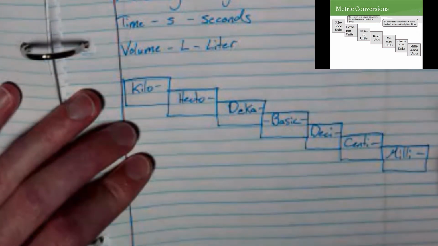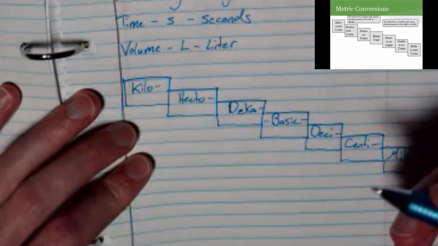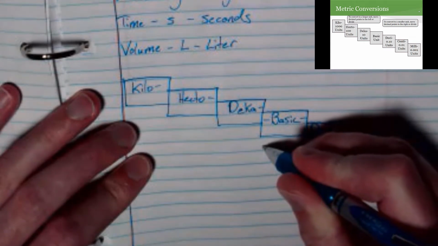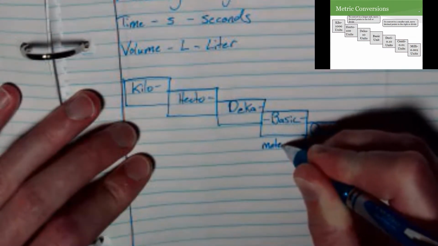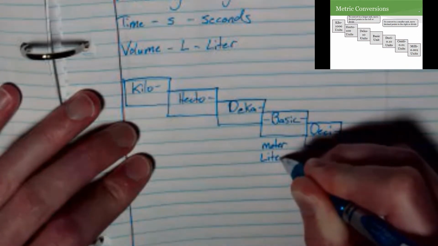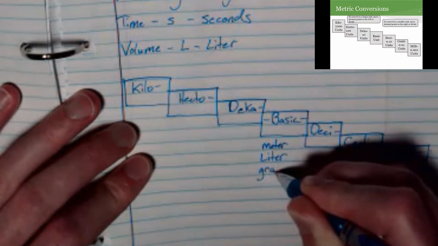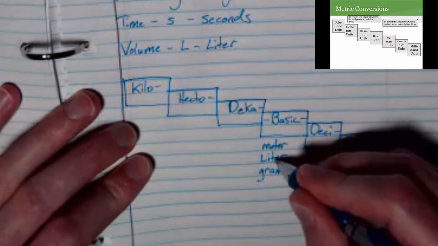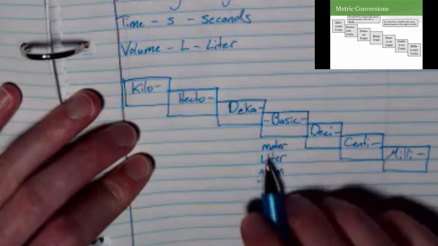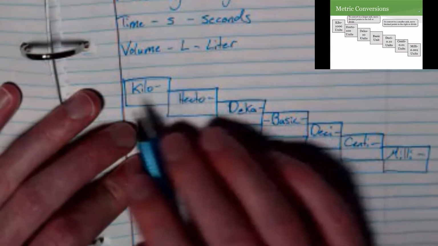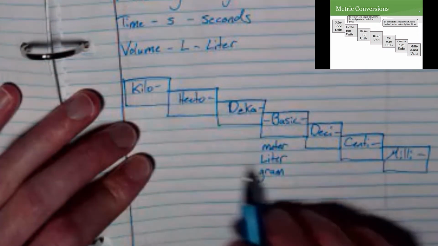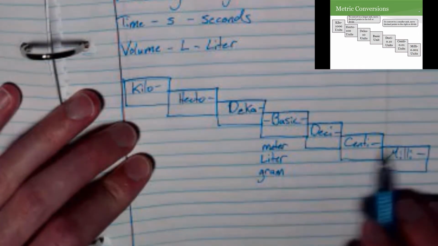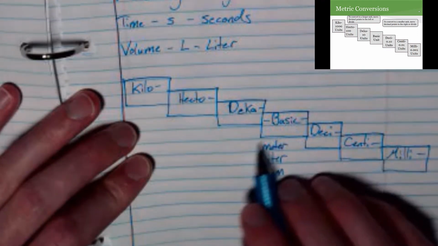Underneath basic, I am going to write those basic units. So we have meter, liter, gram, and we could do seconds and stuff, but I think these are the main three. So meter, liter, gram. This is what we add the prefixes to. So kilometer, kiloliter, kilogram, or milligram, milliliter, millimeter. Those are things that go in front of our basic unit.